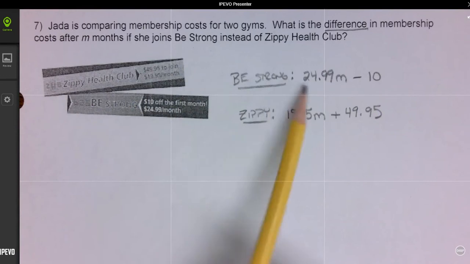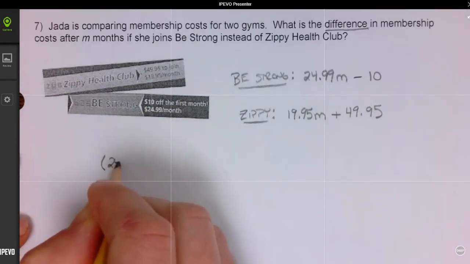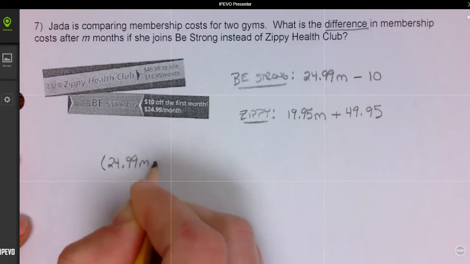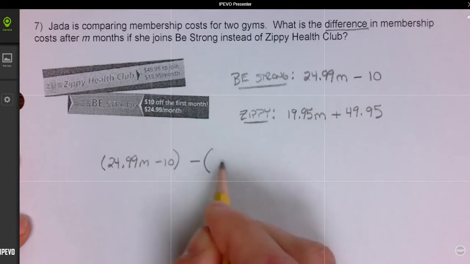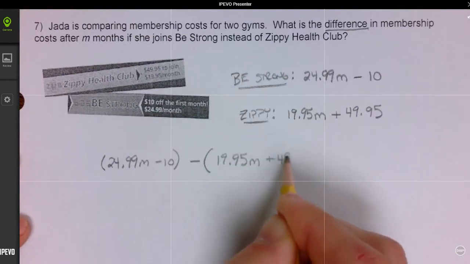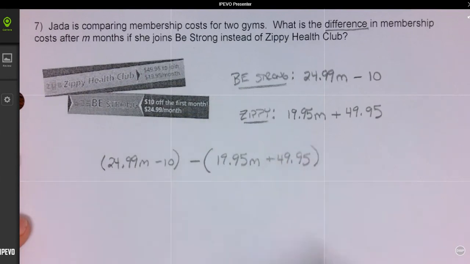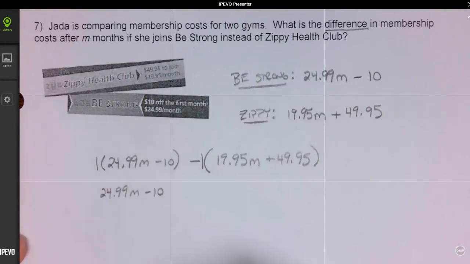All right, they want to know, again, what is the difference if she joins Be Strong instead of the Zippy Health Club? So we're going to take the Be Strong, which was $24.99M minus 10, and we're going to subtract Zippy's, which was $19.95M plus $49.95. So again, this is similar to what we were doing before. There's a 1 there. There's a negative 1 there. This is going to keep the first two terms the same, $24.99M minus 10.